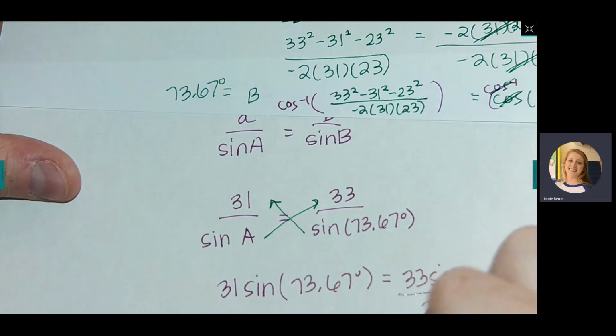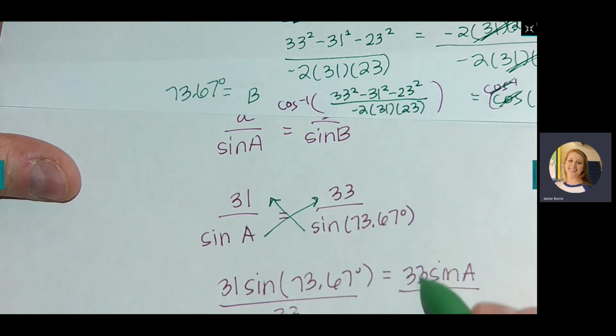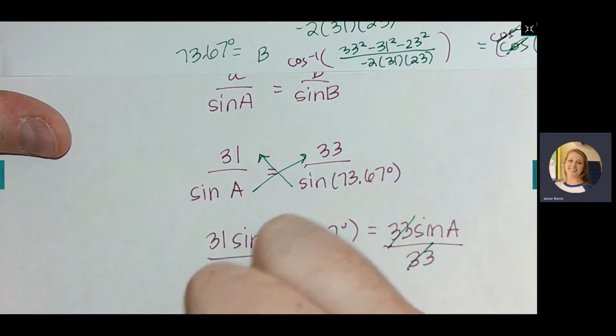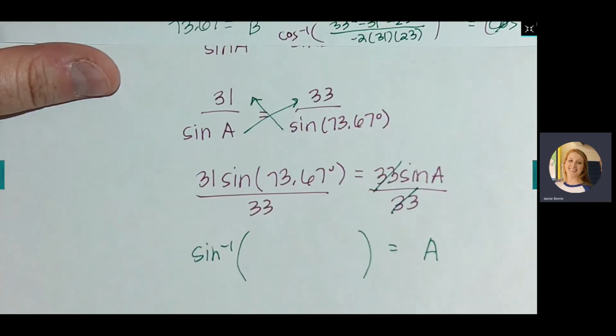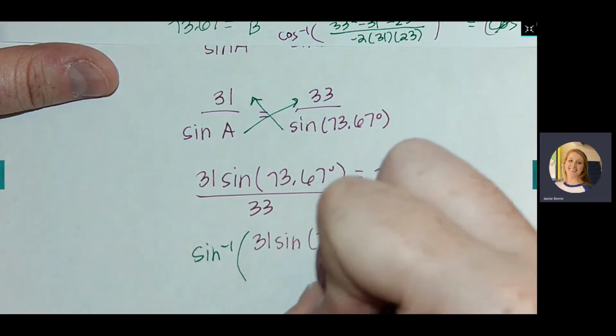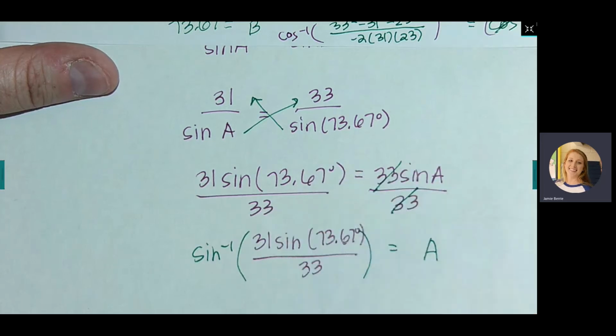I forgot to say you've got to divide by that 33 first. Once you've got sine by itself, then you take the inverse sine to get A by itself. So take the inverse sine of that big fraction. And then from there, all the hard part's done. You can just subtract the angles from 180 to figure out the last one.